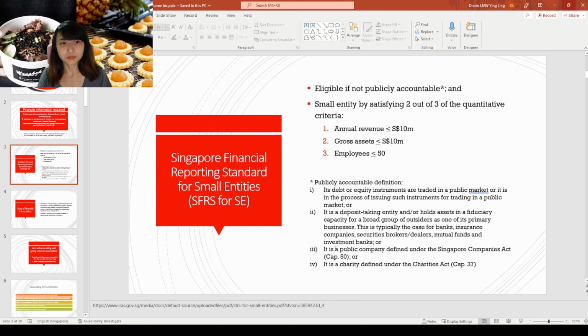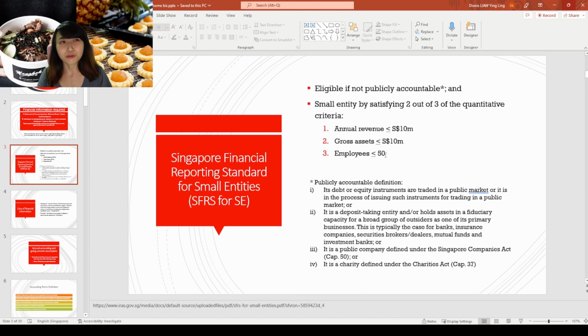so we will skip them. Okay, so according to the IRAS website, if you're a small entity, you can prepare based on the SFRS for small entities. Small entities means annual revenue less than 10 million, gross assets less than 10 million, employees less than 50.